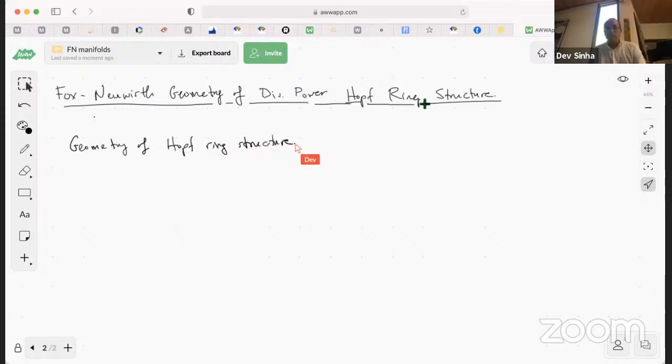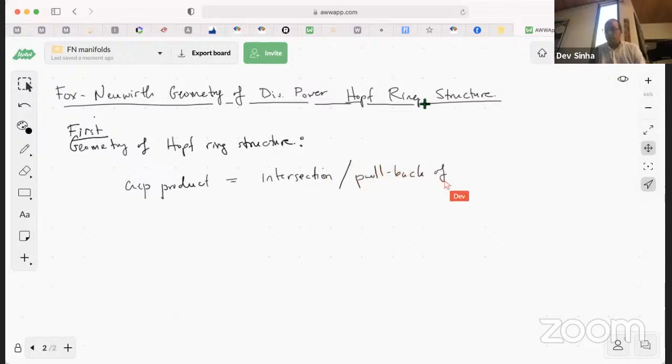Just in general terms, and sort of first geometry, well, let's recall that the cup product is always going to be intersection, or more generally, pullback. In the paper with Greg and Annabal, we call it the pullback product of the geometric cochains.